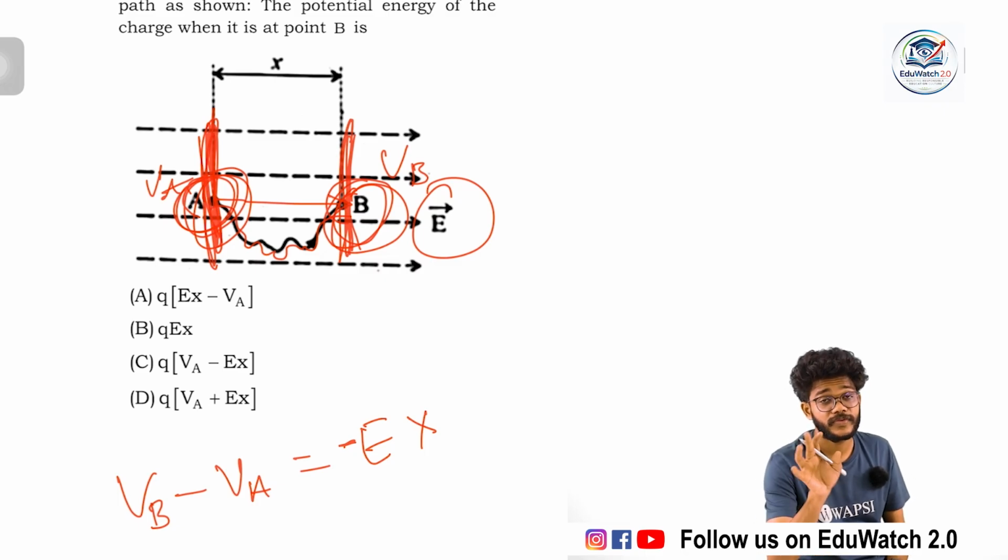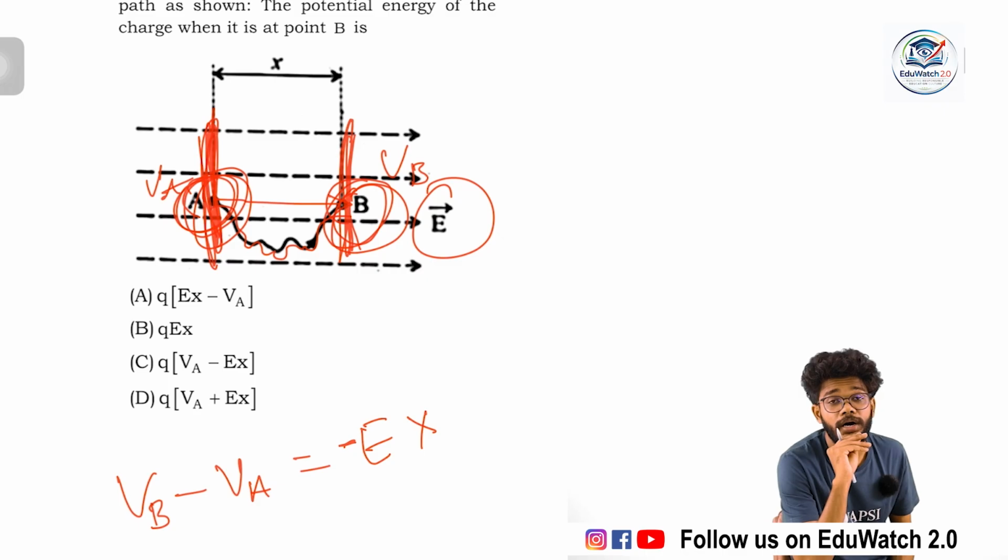The equation for the electric field is 1 by 4 pi epsilon 0 Q by R square. In order to get the potential, we multiply by the distance.